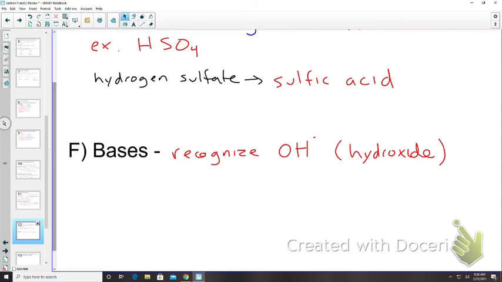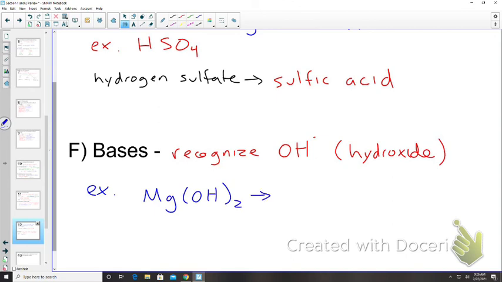Okay, and then other than that, it's just like naming an ionic compound. So, for example, let's do Mg(OH)2. Okay, this just becomes magnesium hydroxide.